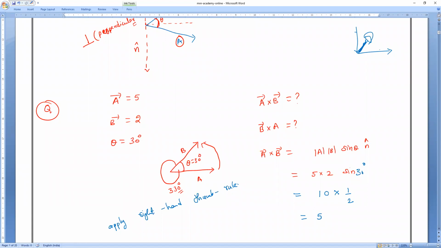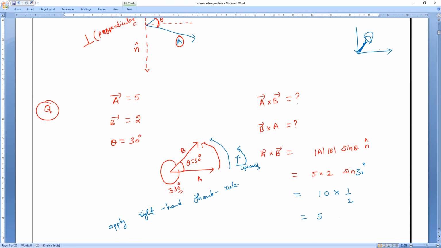Now, imagine you move your right hand from A to B like this, and observe on the screen also. Is your thumb pointing downwards or upwards? My hand is moving from A to B anti-clockwise, and my four fingers are curling, so my thumb is acting in the upward direction.